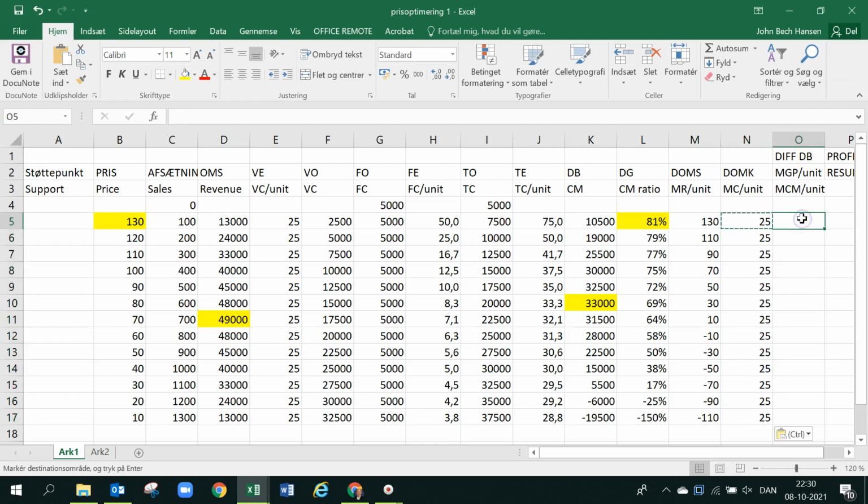And I can deduct it and say that the marginal revenue per unit minus the marginal cost per unit is the marginal contribution margin per unit. I can copy that down as well.